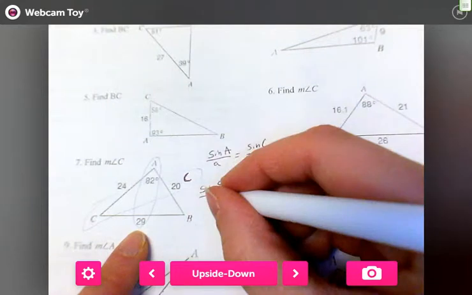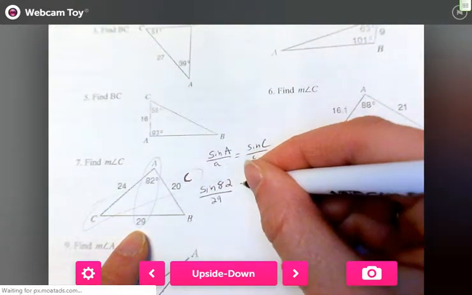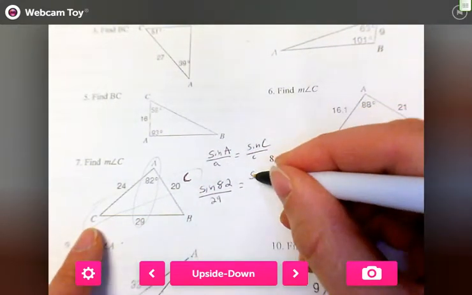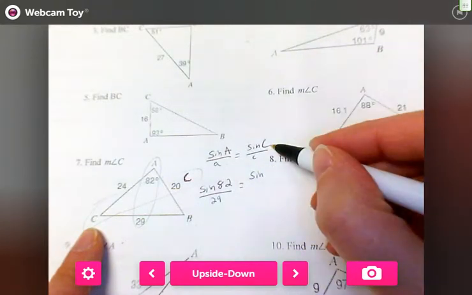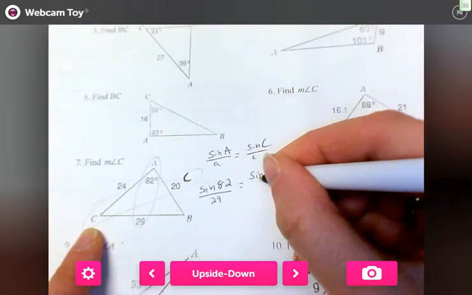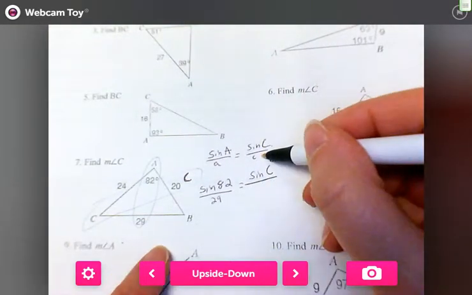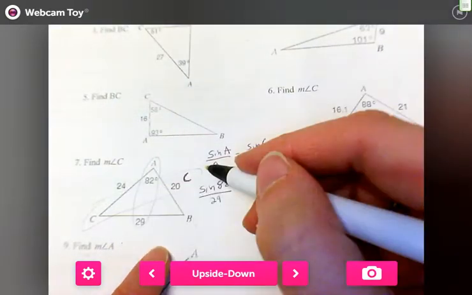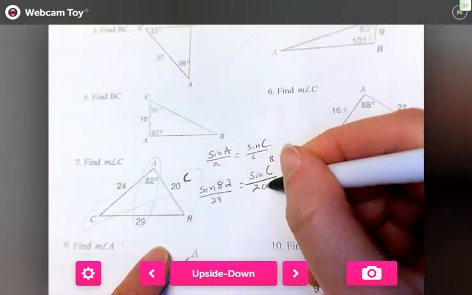Right across from it. What goes instead of big C? Do we have angle C? No, so we just put C. And what goes instead of little c? 20, because it's right across from it. So far, so good? Yep.